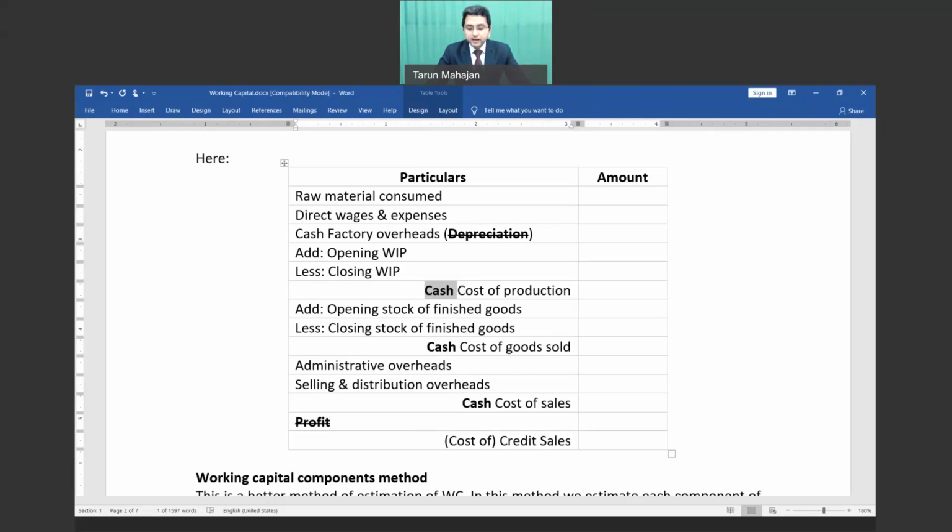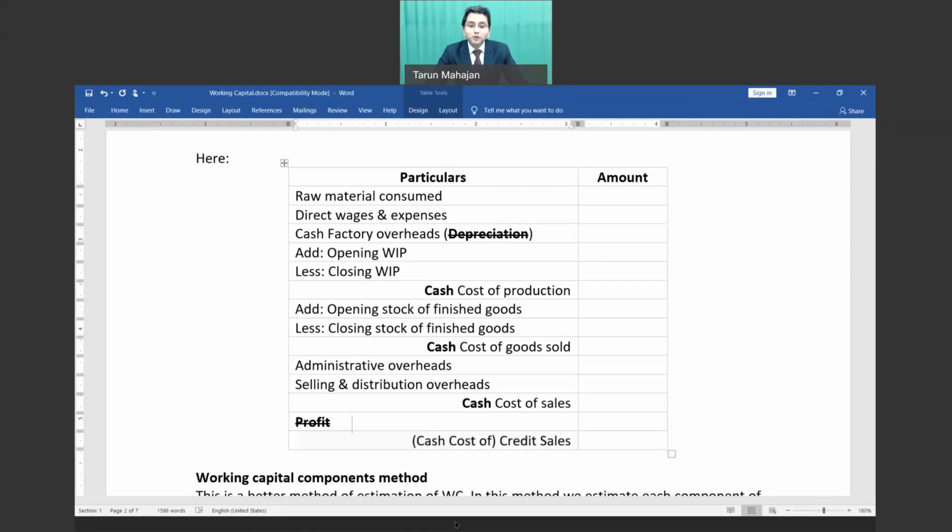And I won't include profit either. So this cost of credit sales will become cash cost of credit sales. Rather than cost, it is now cash cost. Cash cost means excluding depreciation. Credit sales means excluding cash sales.